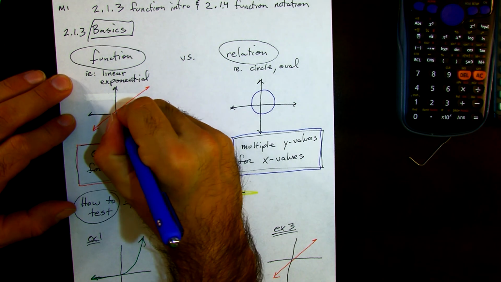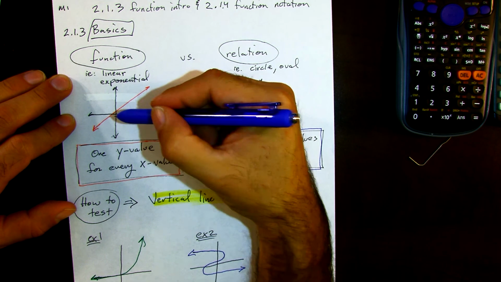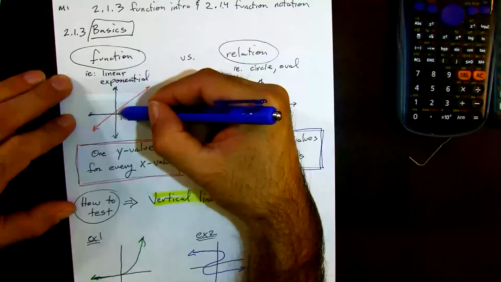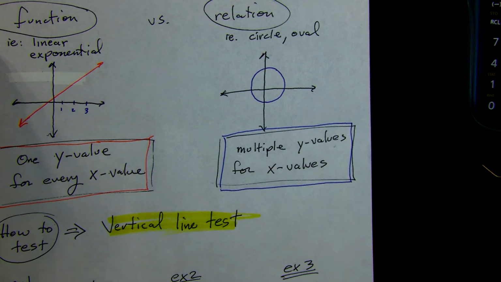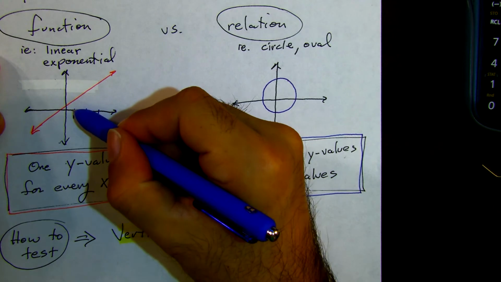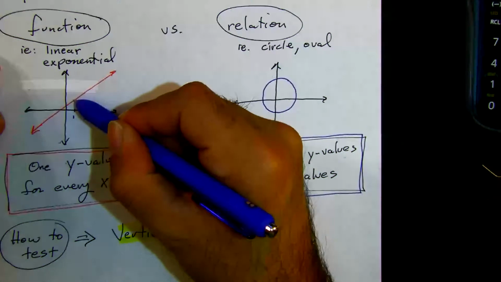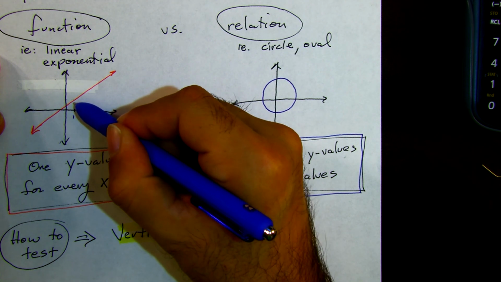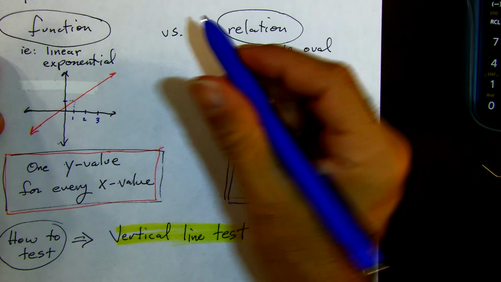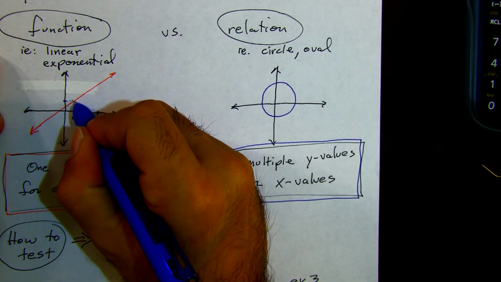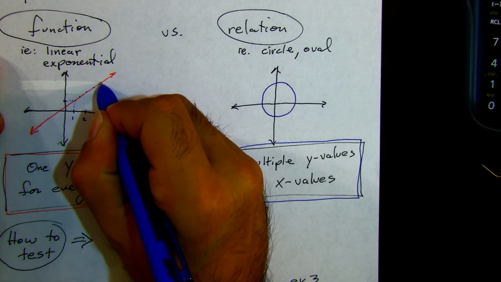So if I'm here at 1, where is the y value that corresponds to x equals 1? I look here, and when x is 1, y is going to be right here. Remember, the line has all the points that are on the function.